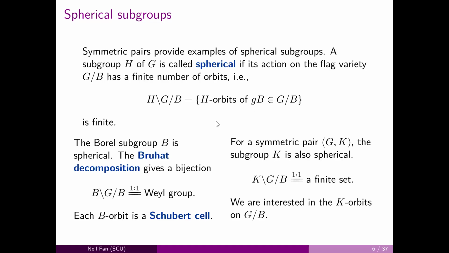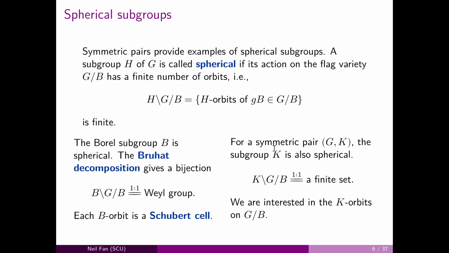The most classical example is the Borel subgroup B itself, which is spherical. The classical Bruhat decomposition gives a bijection of the B-orbits on G/B with the Weyl group. Each B-orbit is a Schubert cell.